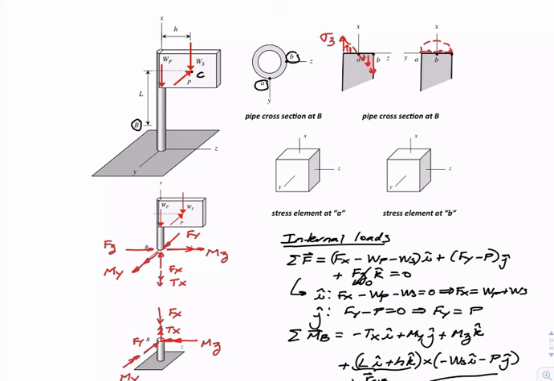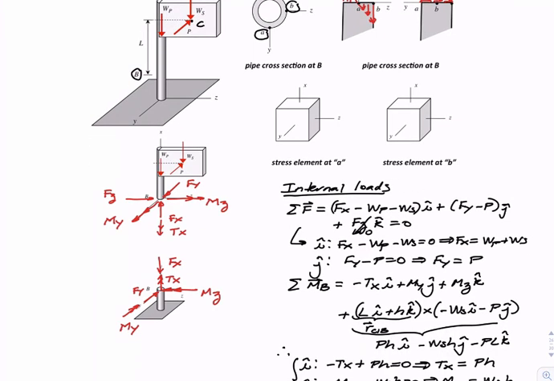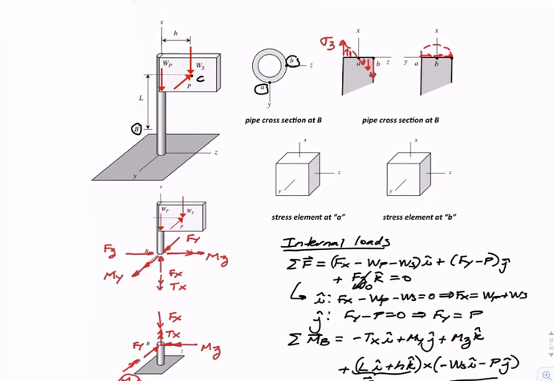Sigma 3, I said, was the axial component of stress due to the bending moment My. So as I look at what My is doing to that face, if you put your thumb in the negative y direction, you're going to see over there at the side B that normal stress is compressive. On the opposite side, it's tensile, and of course there at A is on the neutral axis, so there is none.